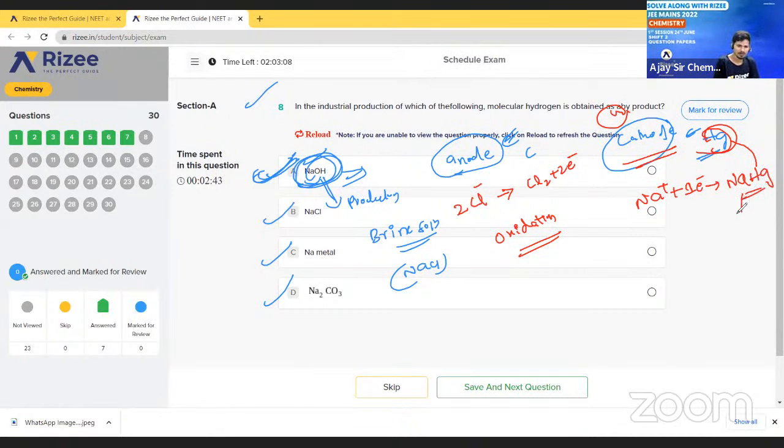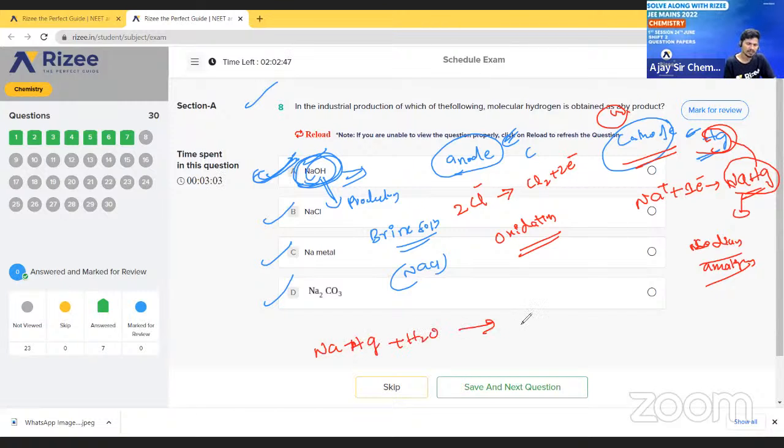We call this sodium amalgam. When this sodium amalgam, NaHg, reacts with water, it produces NaOH, and as a byproduct H2 gas is released.